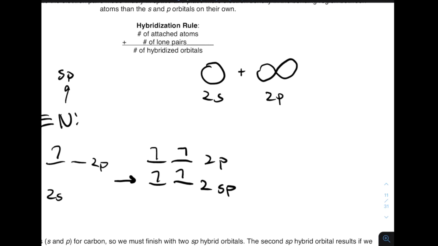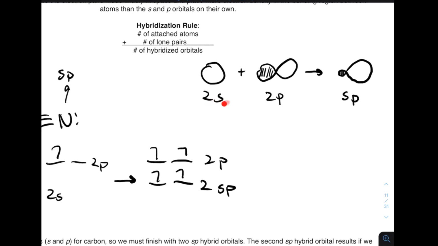And when it does this, and I'm just going to shade one lobe here for positive and negative, instead of using colors, it forms an sp orbital, which looks like this. You can see it takes on the appearance of the two orbitals combined, because you have constructive interference from the white portion here and destructive interference from the shaded portion here. So this is what the sp orbital looks like.